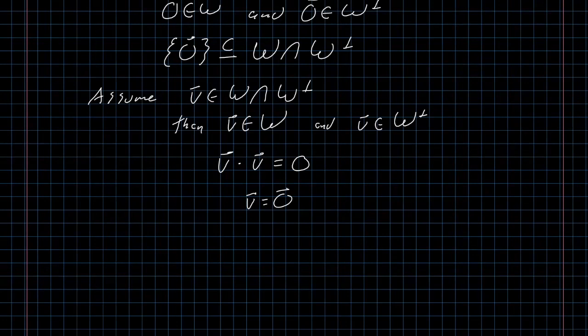But from properties of vectors, the only Euclidean vector which you can dot with itself and get 0 is the 0 vector. So we knew that the 0 vector was an option. We've now shown that the 0 vector is the only option.